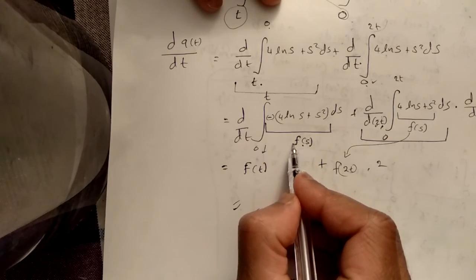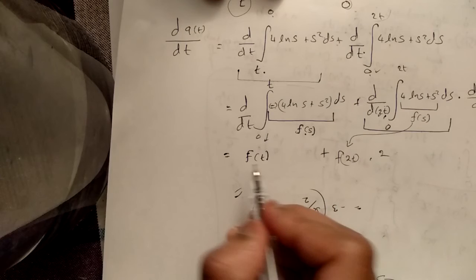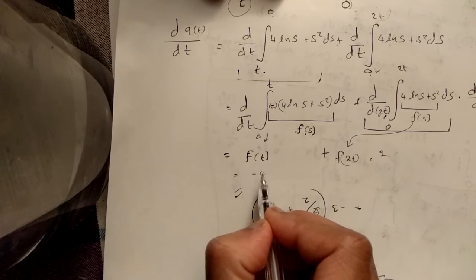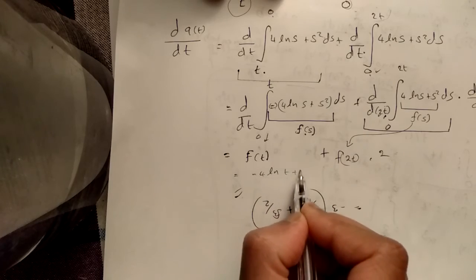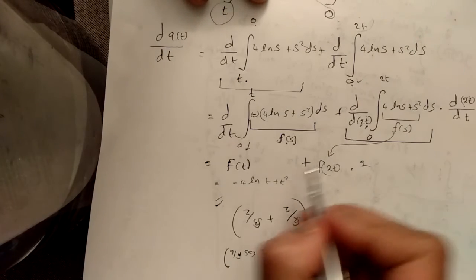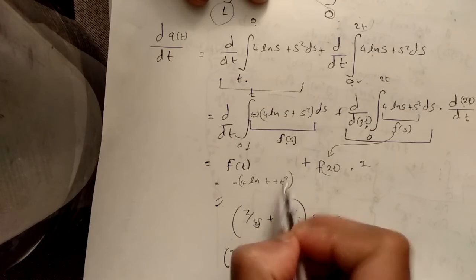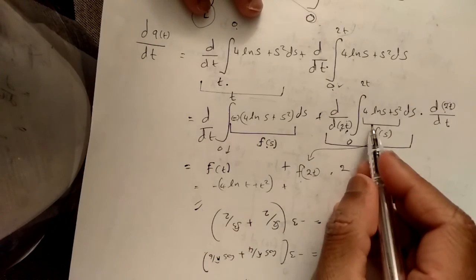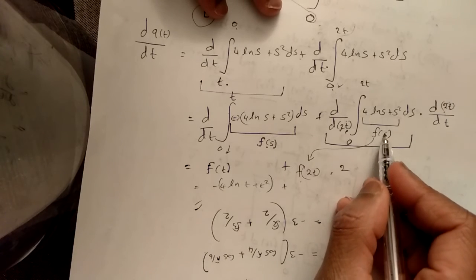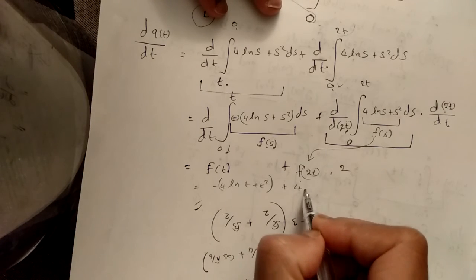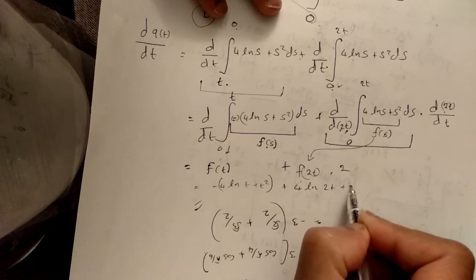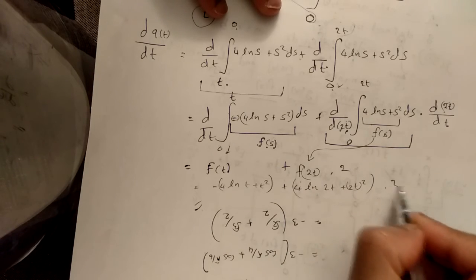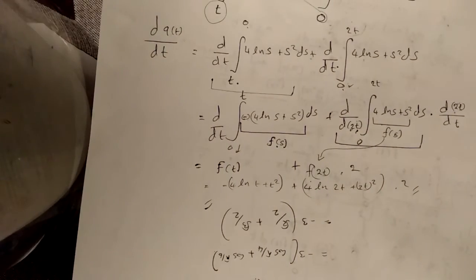For f, I am including the negative sign also. And then it becomes negative 4 times ln t squared, and this negative is for all the terms. And plus f of 2t. So here instead of s, you should have 2t, right? 2t squared, this whole thing multiplied by 2.